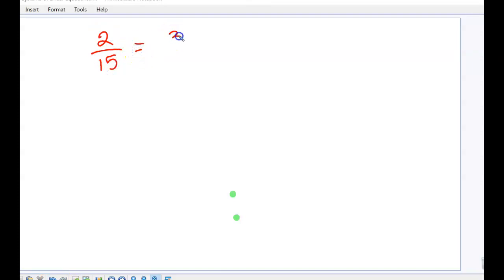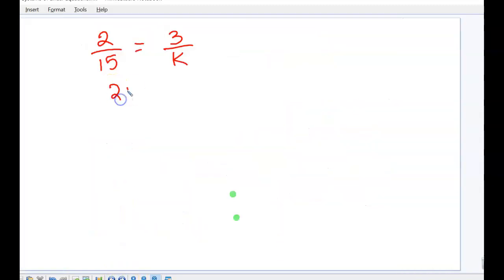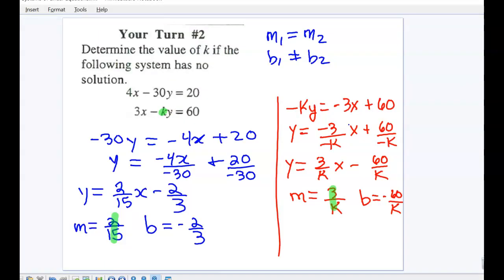And if I cross multiply, I get 2k is going to equal 45. So k will be 45 over 2. So if k is 45 over 2, I know that my two lines will have the same slope.